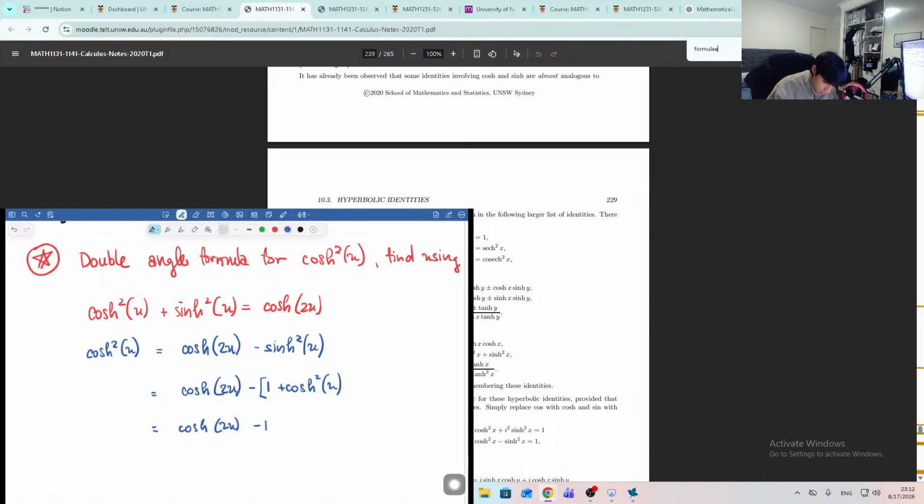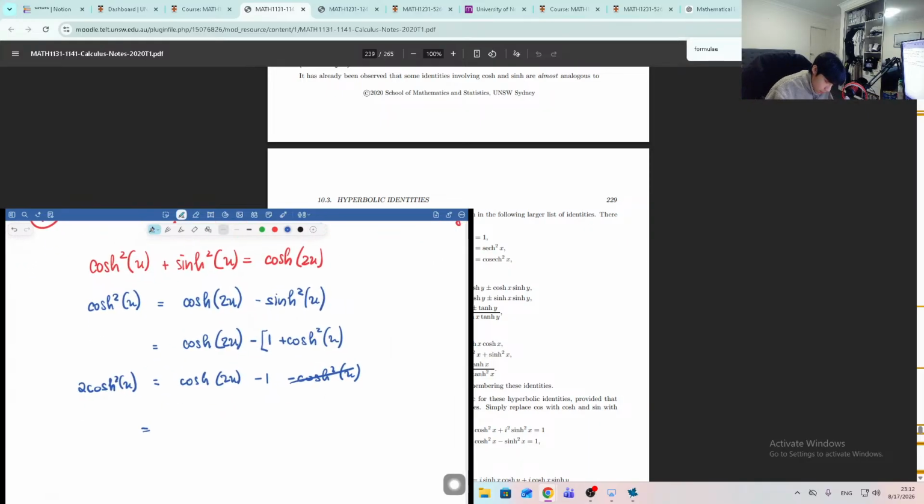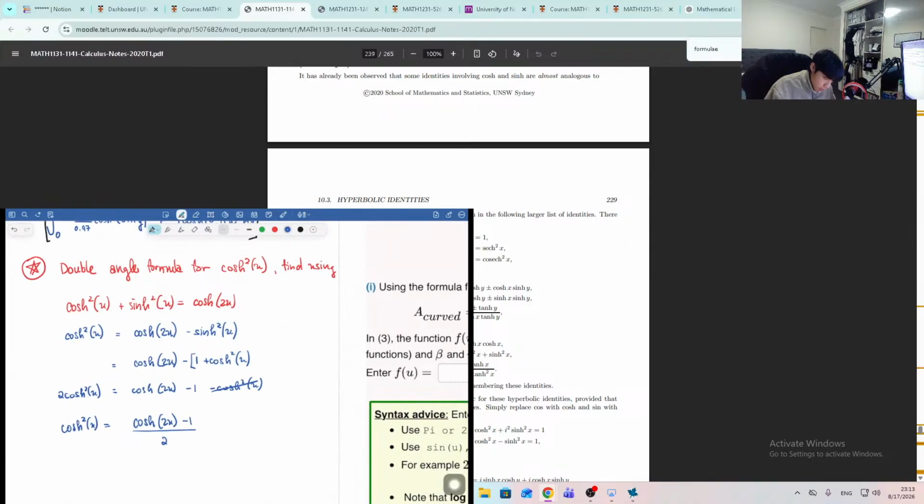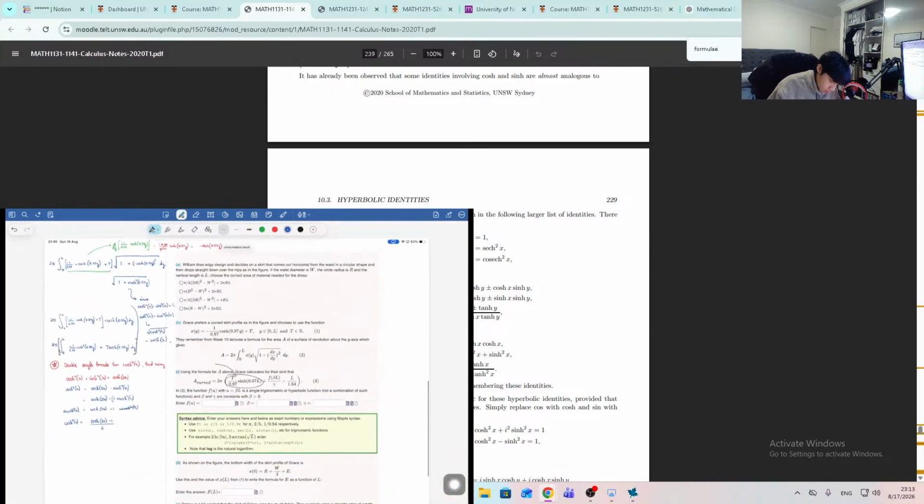Oh, yeah. Wait, no, it's minus cosh squared u, right? So now you have 2 cosh squared u. Therefore, you have cosh squared u is equals to cosh 2u minus 1 on 2. Okay.